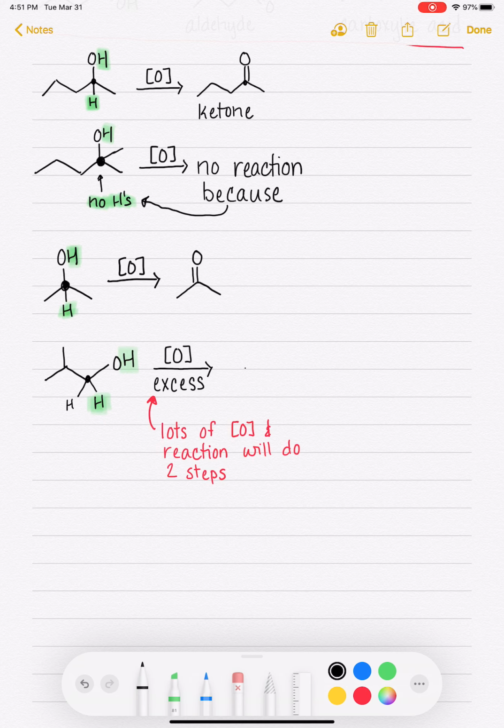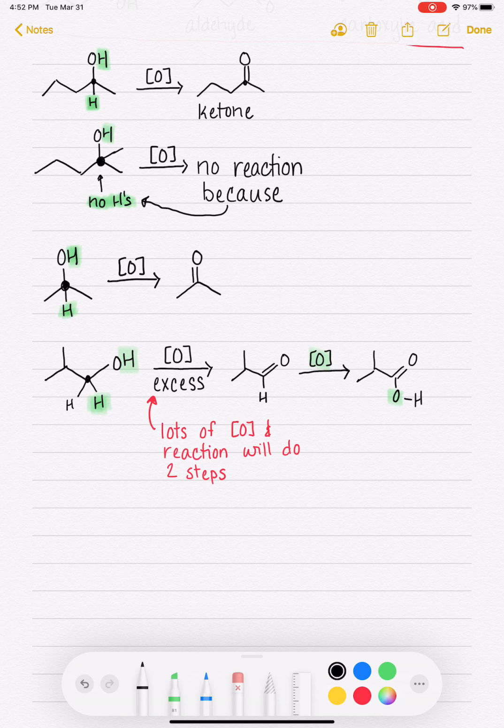Draw the product, leaving off anything that's highlighted in green, and creating a carbon-oxygen double bond. That's the first step. Second step, this is where it magically sticks an extra oxygen, always in the same spot, right there in this molecule.